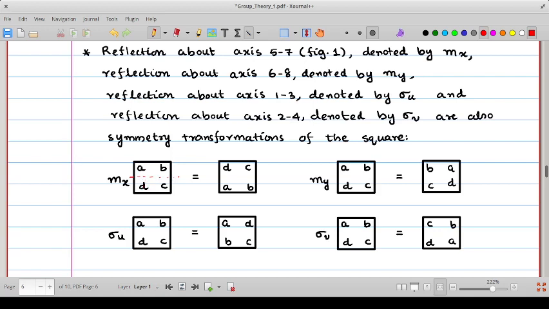Now under this reflection, D goes to A, A goes to D, C goes to B, and B goes to C.